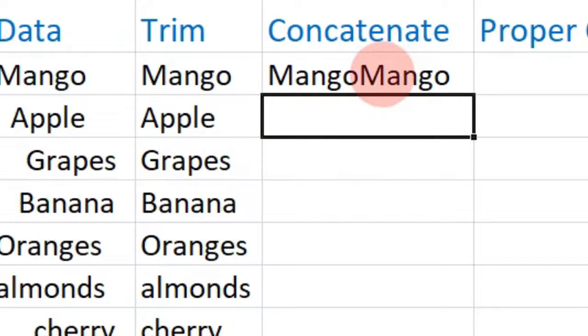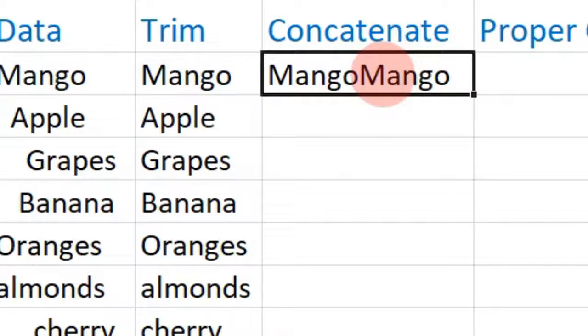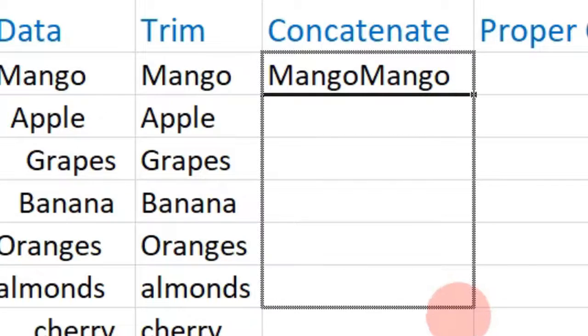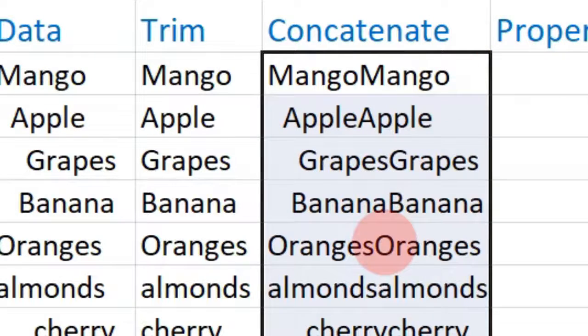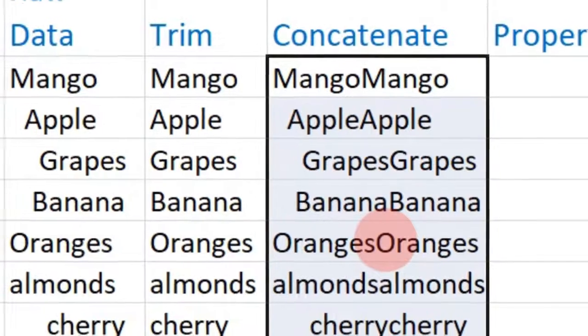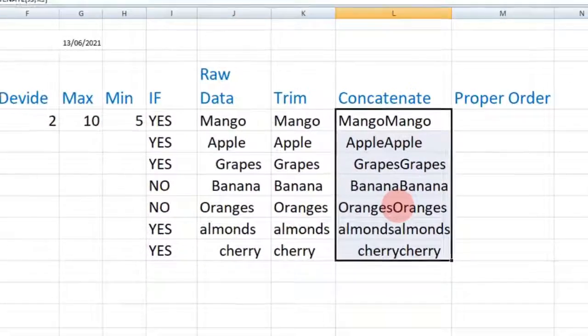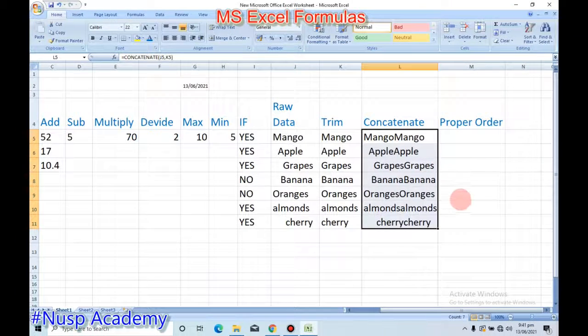Now we have two mango words written here. Drag it down to the last. We have all the words written together: apple, apple, grapes, grapes, banana, banana, oranges, oranges. This is concatenation of 2 words.